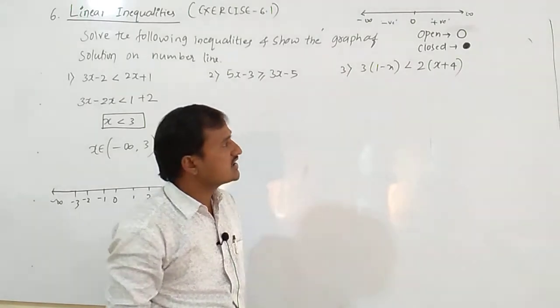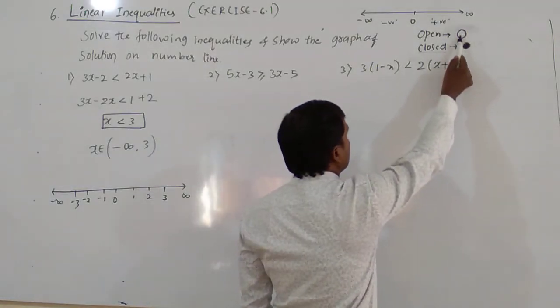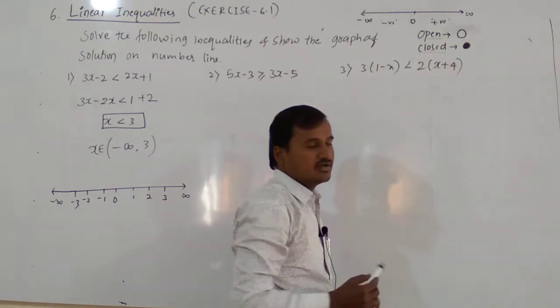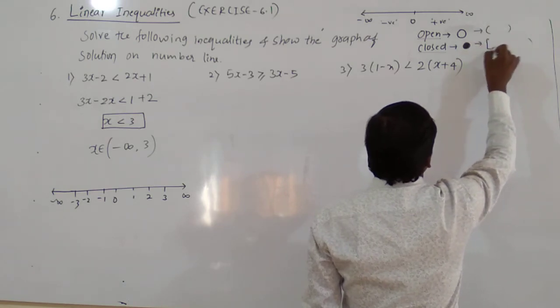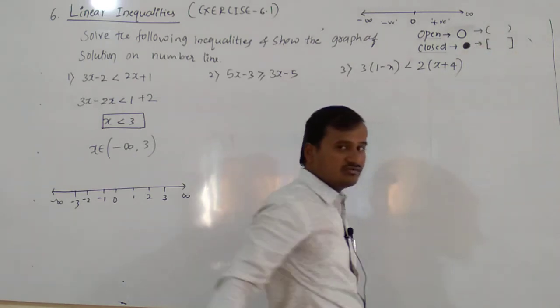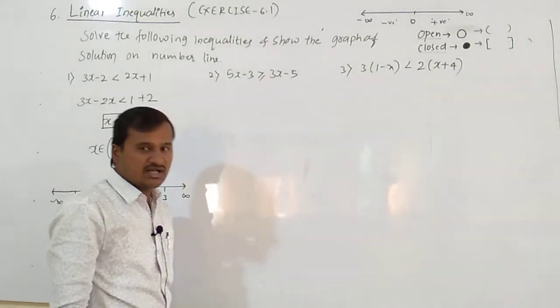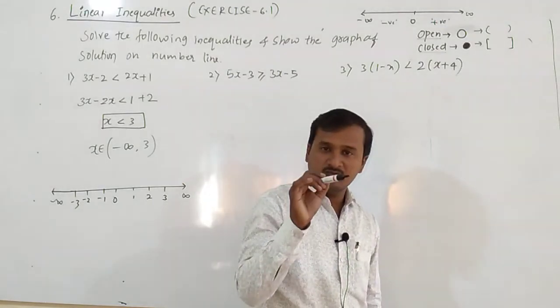If you take the dark circle, that shows closed. If you take the open circle, that shows open. So here it is open and here it is closed, right? The meaning of closed is you have to make the dark circle. The meaning of open is you have to make the open circle.